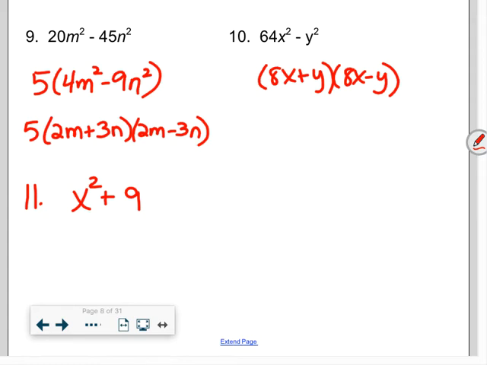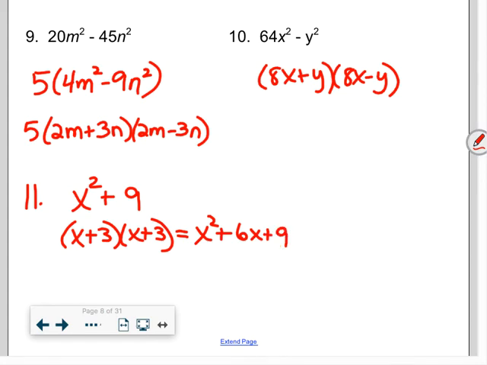Because it's a plus, I'm going to change them to both pluses. If I FOIL here and I do x plus 3 times x plus 3, that's x squared, and I get a 3x plus a 3x. That doesn't cancel. So x squared plus 9 is not x plus 3 times x plus 3.